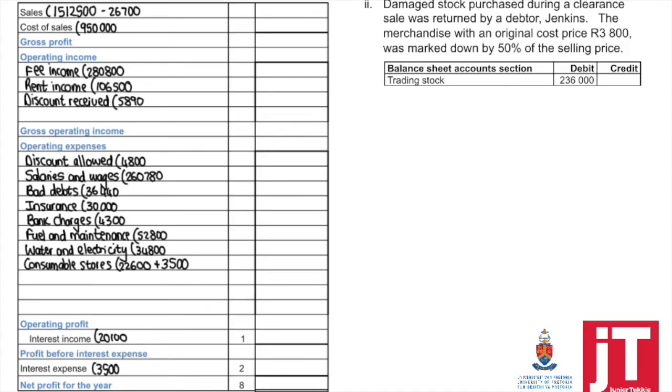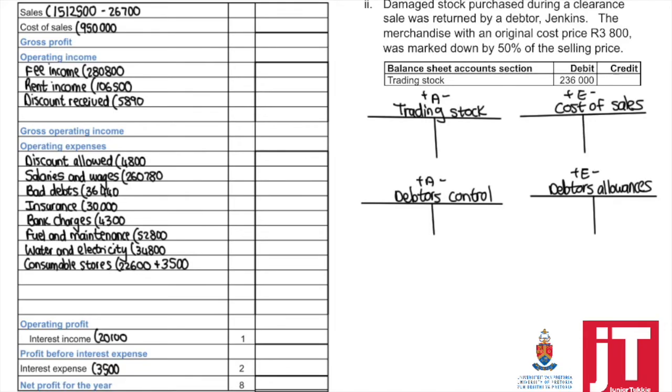A debtor returned goods which were purchased. And now we've made this more difficult, challenging, by saying to you, the cost was 3,800, but now the selling price was marked down by 50%. This makes it more challenging.